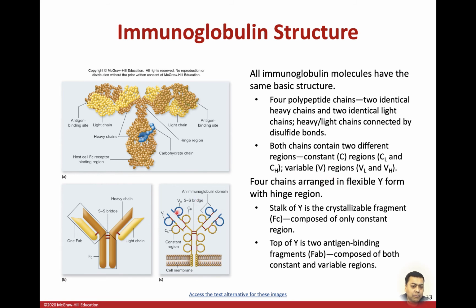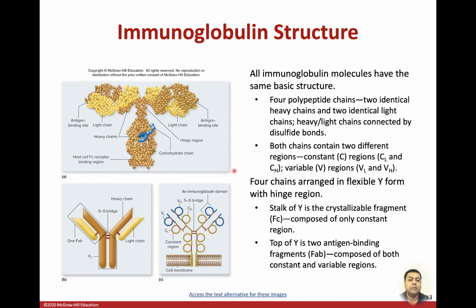The blue regions are variable light on the light chain, and this is the constant light on the light chain. On the heavy chain, you have the variable heavy, just the blue part, and then right from here all the way down to the transmembrane, that is your constant heavy.